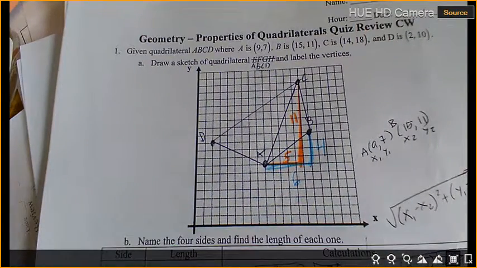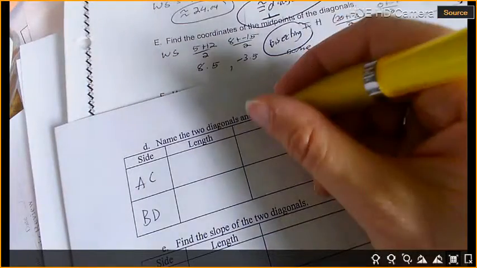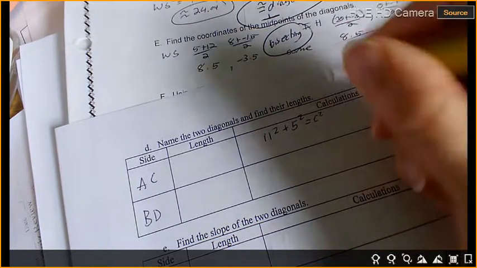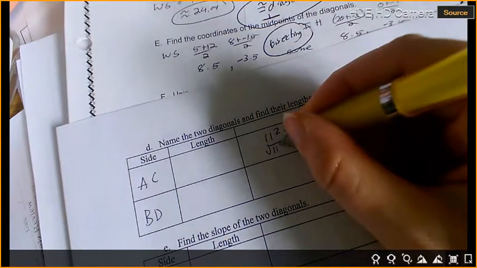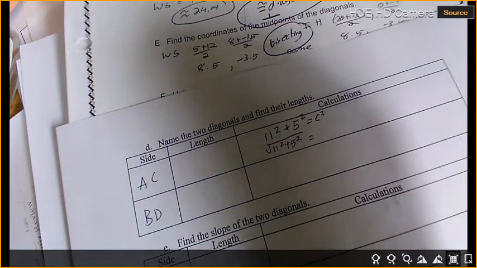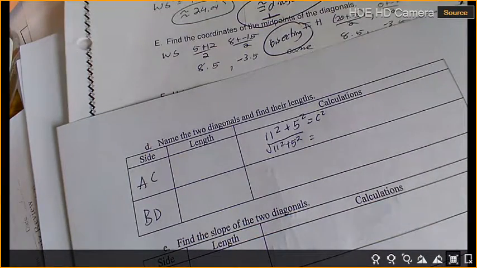Now I'm going to flip this over, and it's just going to be 11 squared plus 5 squared equals C squared, or A to C squared. And so we can just do the square root of 11 squared plus 5 squared, which gives me the answer. What is that?